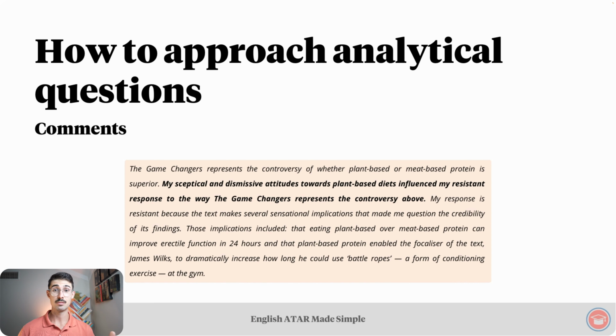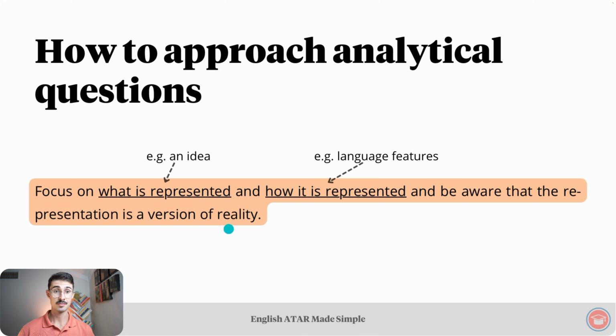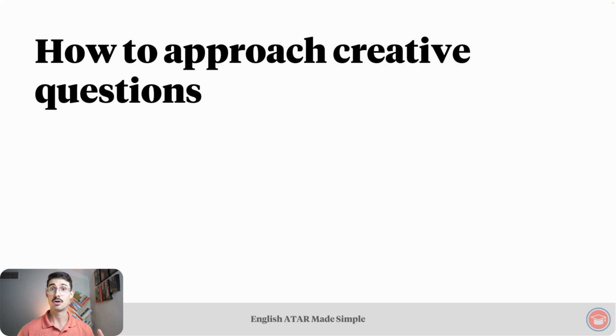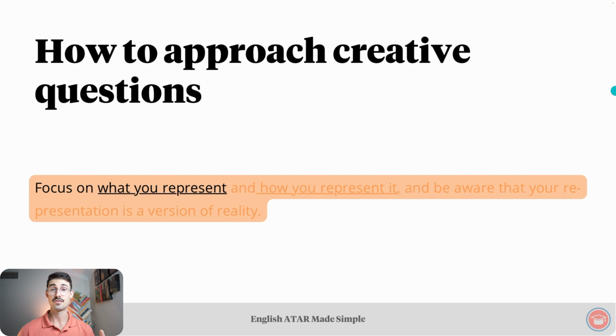So that is how we approach analytical questions. We explain what is represented, how it is represented, and be aware that the representation is just a version of reality. For creative questions, we know they come from the composing section of the exam. And when it comes to dealing with the concept of representation for these questions, you should focus on what you represent, for example, an idea, and how you represent it.